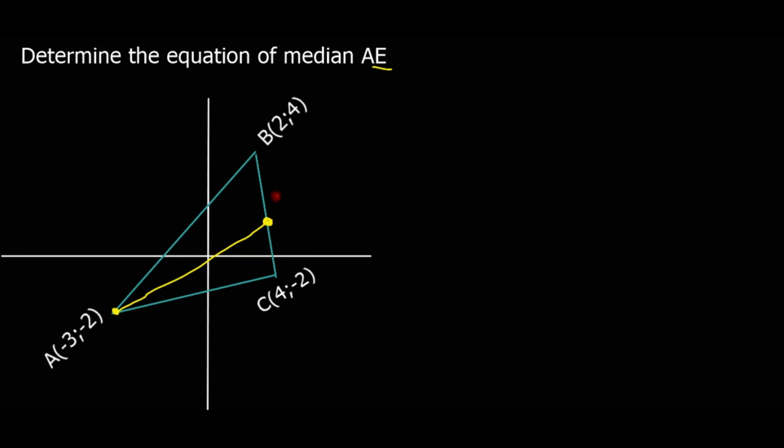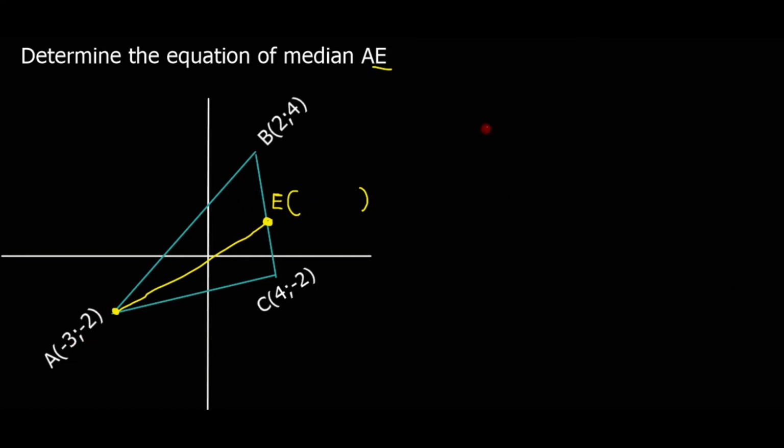In other words, this point is E. So we need the equation of line AE, which is median A. First things first, we need to find the coordinates of E, so that we can find the gradient of line AE.